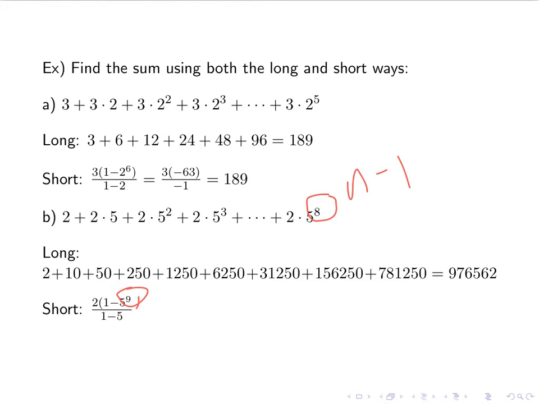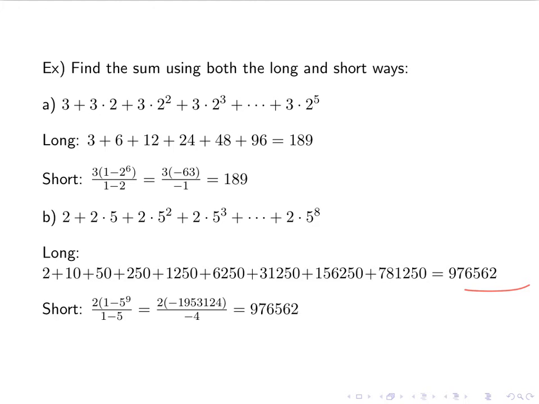I can plug this into my calculator. Again, be careful, you do need parentheses around your denominator if you're going to plug it in all at once. We get 2 times that nasty number divided by negative 4, and that's going to give me the same 976,562.